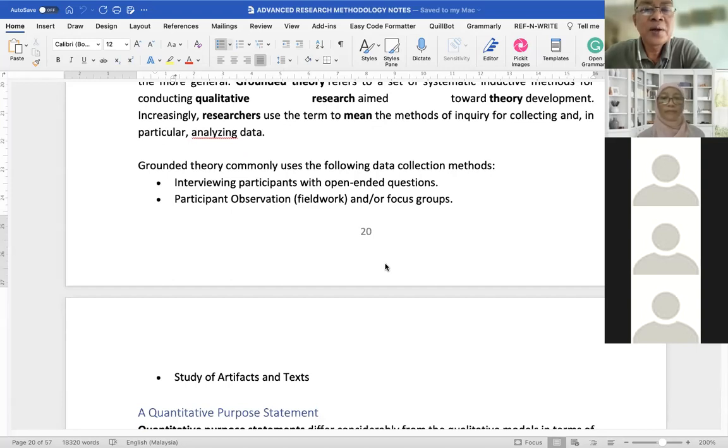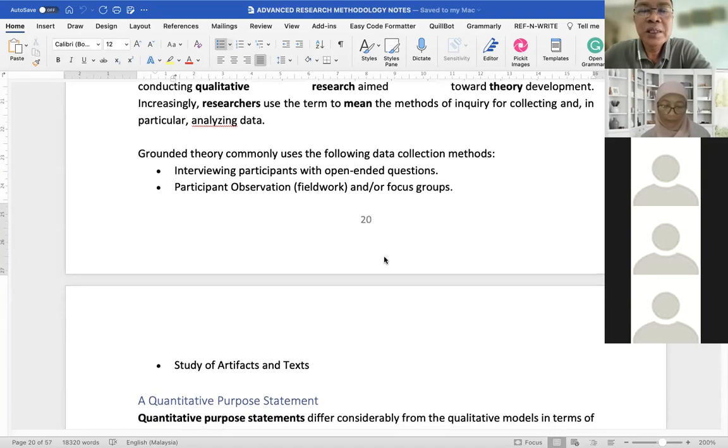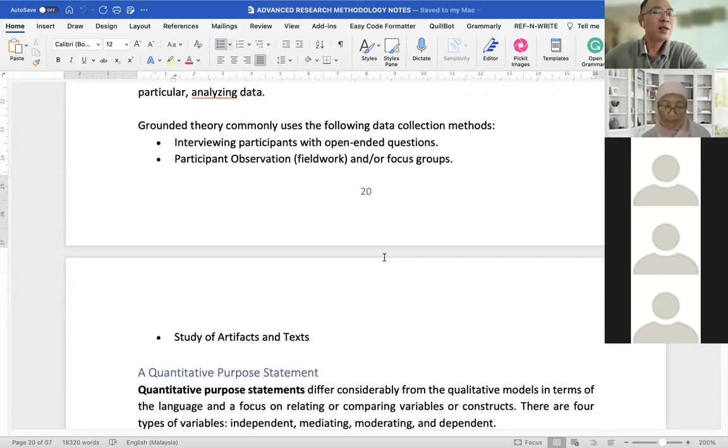Okay, grounded theory commonly uses interview, participant observation, and/or focus groups. Focus groups means the researcher assembles two or more groups, and the researcher will ask each group certain questions, and then the researcher becomes like a moderator, yeah?